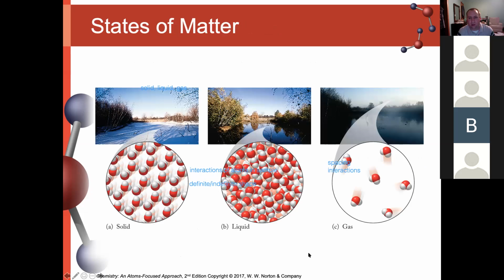Now, in the solid phase, and I will tell you, this is somewhat misleading, because the solid phase ordinarily is going to be more compact than the liquid phase is. With water, because of the interactions that exist in water, water does actually have a higher density in its liquid phase than it does in its solid phase.